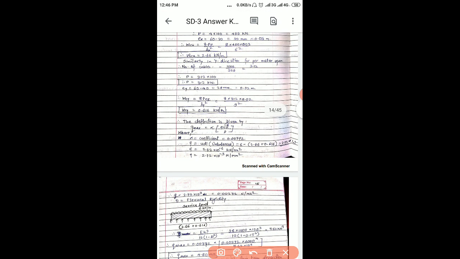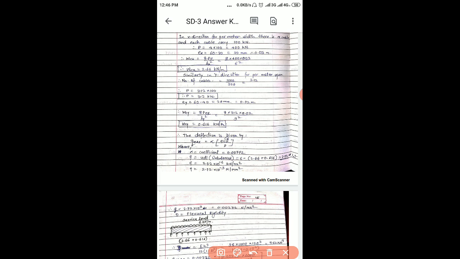Here we have given 4 cables, and they are carrying a load of 100 kilonewton each. So we have calculated the exact value, that is 3.12 into 100 is the force, that is P is equal to 312 kilonewton, the total force in 3.12 cables approximately.